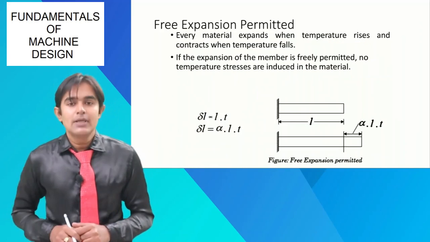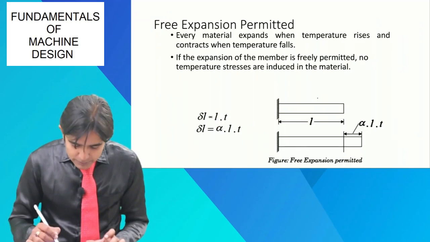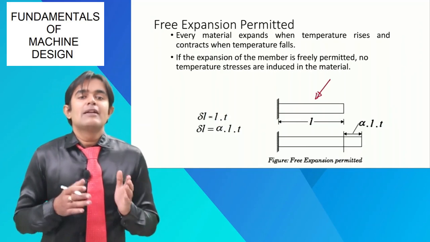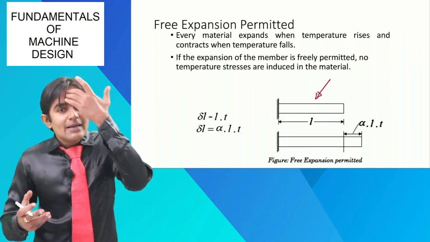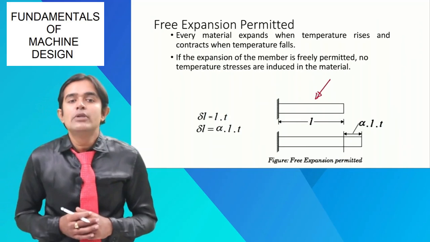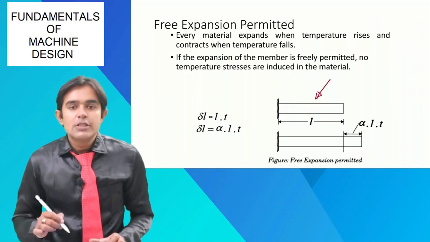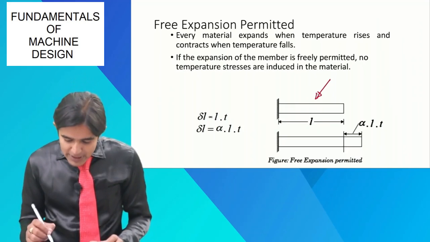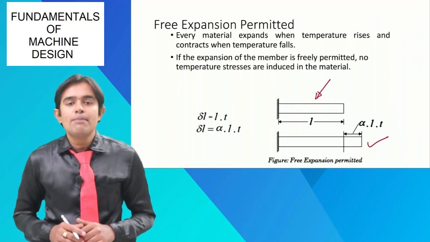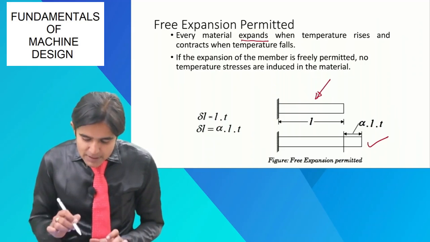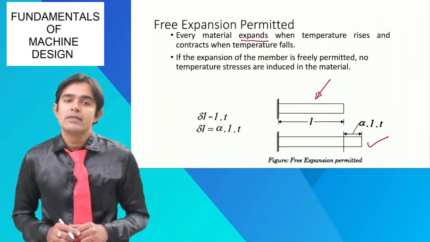Let us move further. You can see this bar. Previously I told you that if the temperature increases, then a change in the body is going to take place. So if this bar goes through a change in temperature, then you can see the expansion of the bar taking place. Every material expands when temperature rises.